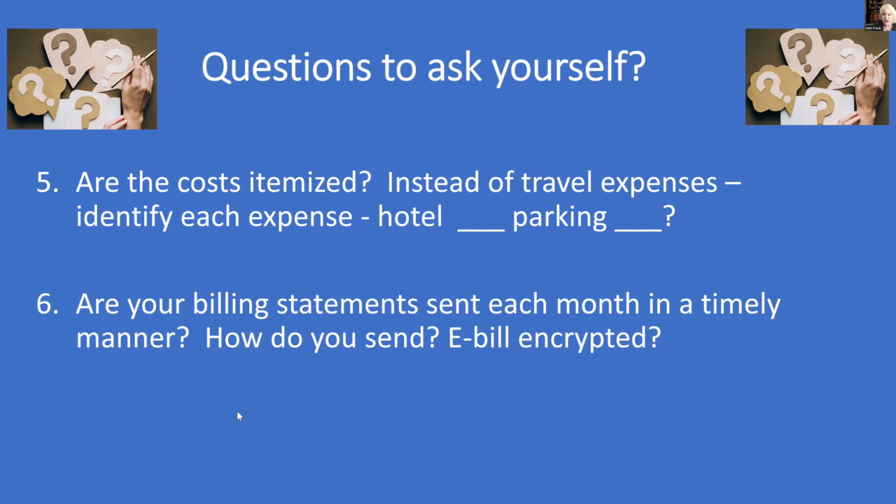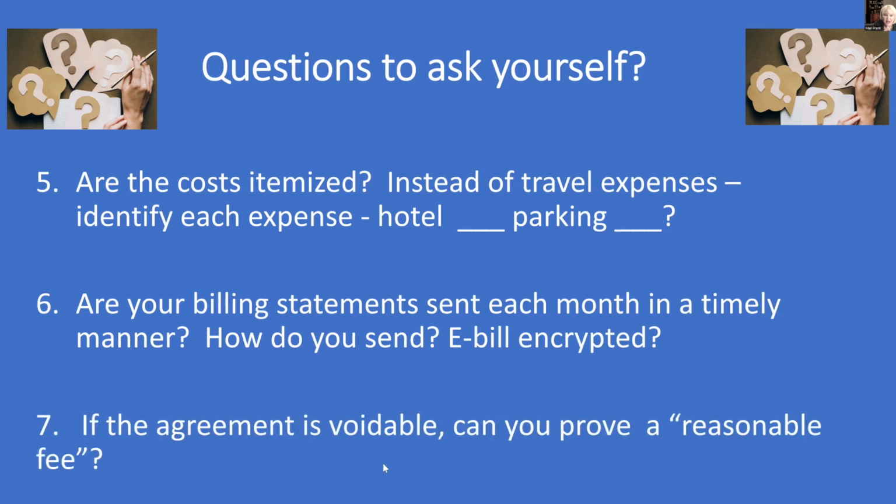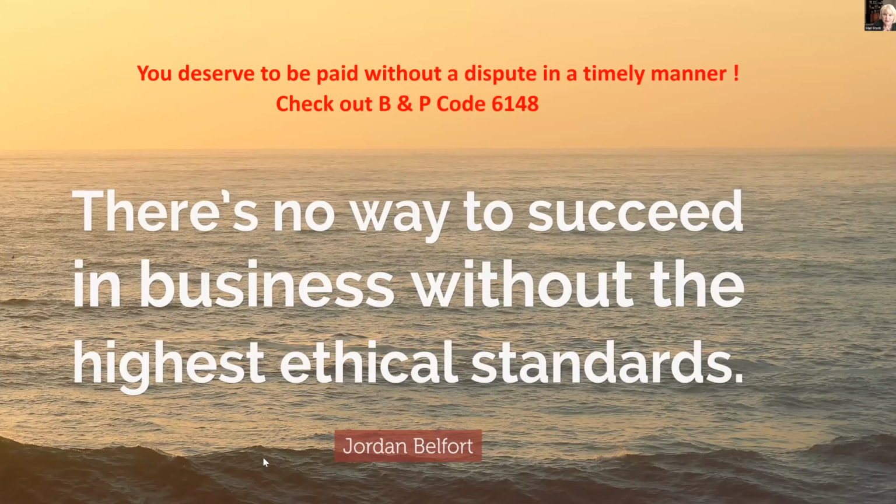So make sure that if you do send by fax or by email, that you have it protected as well. And if the agreement is voidable, how are you going to prove the quantum meruit of what you've done? Think about that ahead of time, because you will not be able to collect on fees if you're not following the requirements for your retainer agreement and your billing statements.